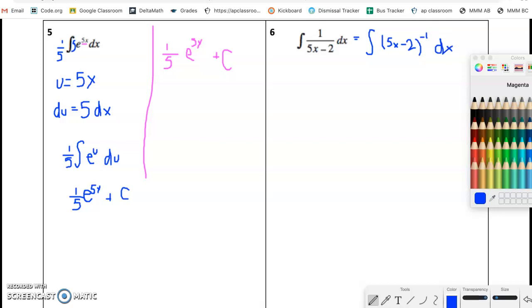So when I do this, I can clearly see that I have an inside expression here. Remember, my inside expression here is going to be my u, and then this outside expression. So my u is going to be 5x minus 2.